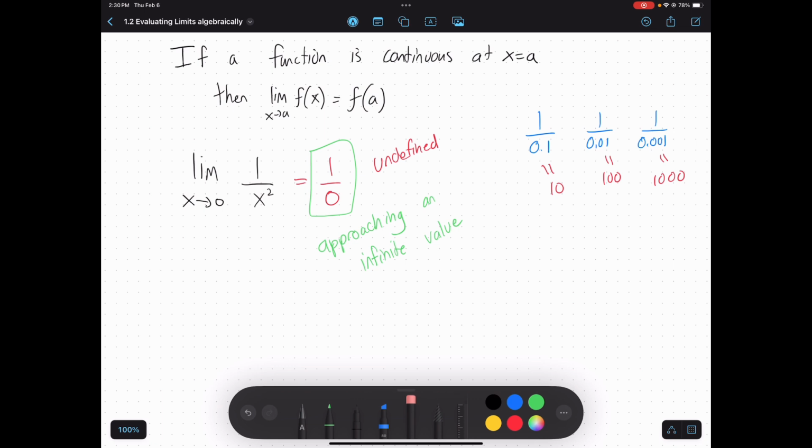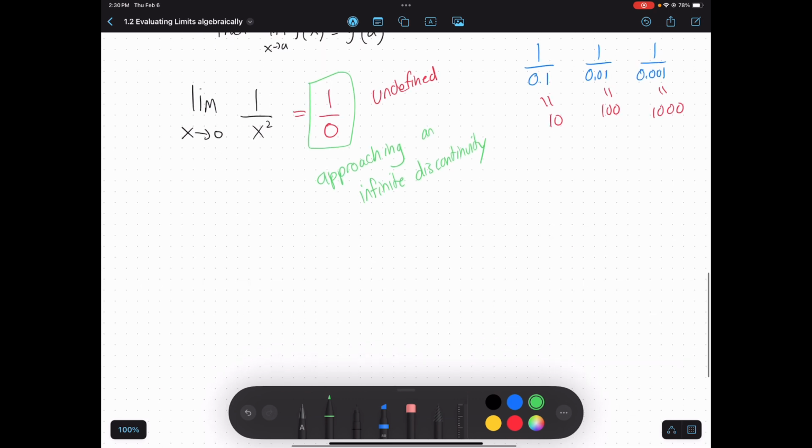Or another way we can think about it, remember, that's a type of discontinuity. So I could say it's approaching an infinite discontinuity. So I don't need a graph to tell me that. Just getting this result of 1 over 0 or any constant over 0 means I'm approaching an infinite discontinuity. So let's summarize that.